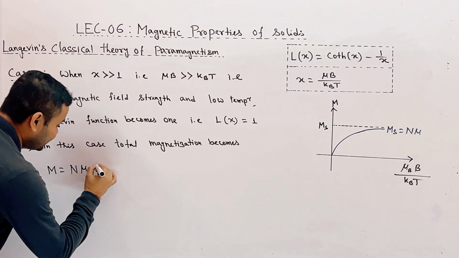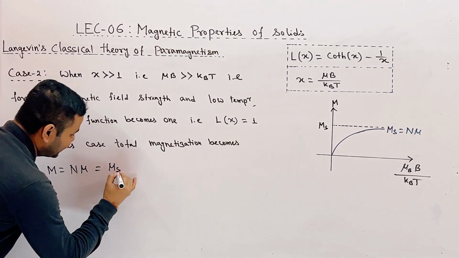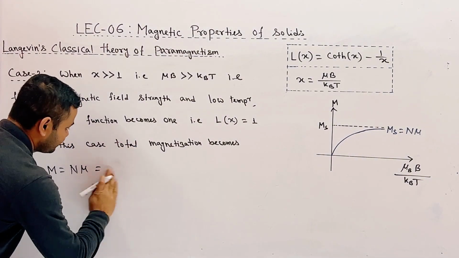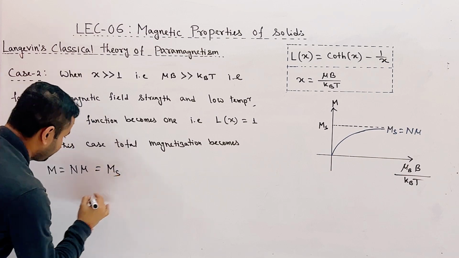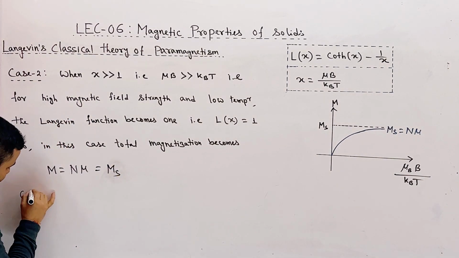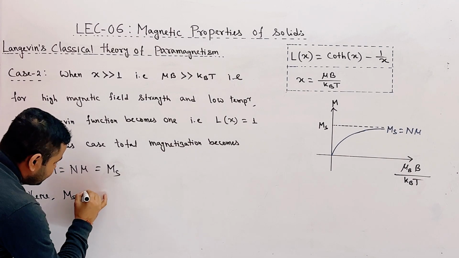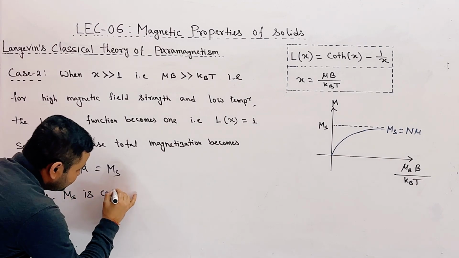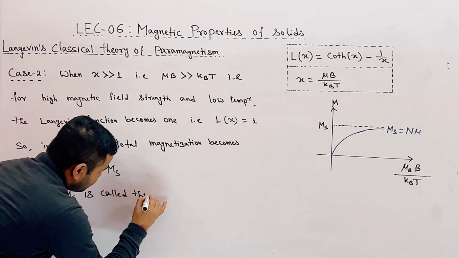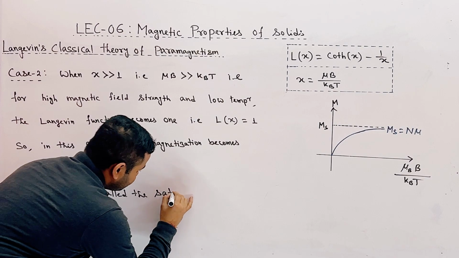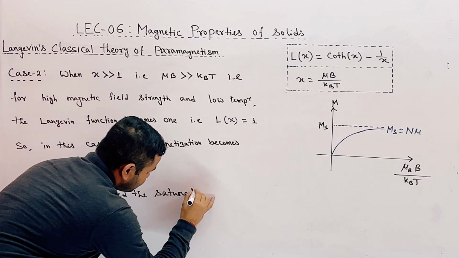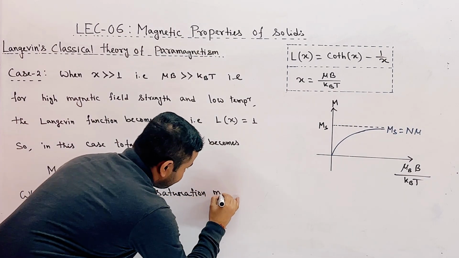So this is known as the saturation magnetization, M_S, where M_S is called the saturation magnetization.